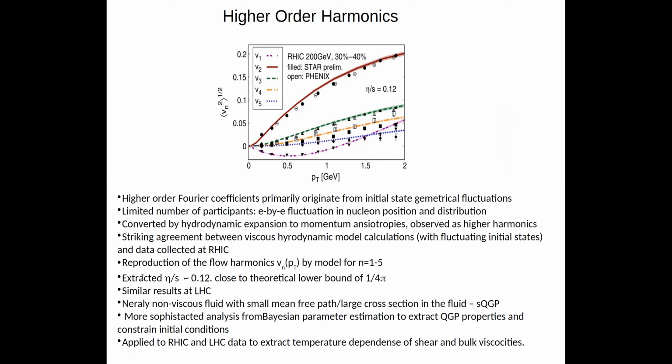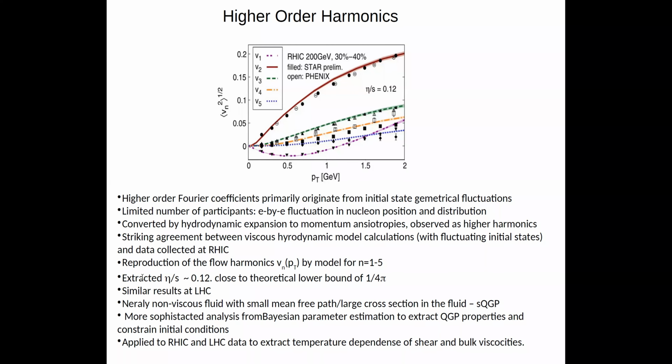This basically means that a higher collectivity implies a higher degree of thermalization, which means there is a large number of scatterings among the constituents. That is possible if there is a large cross section for particle interaction inside the fluid, which of course also tells you there is a small mean free path, because lambda goes as 1 by n sigma, where lambda is the mean free path.